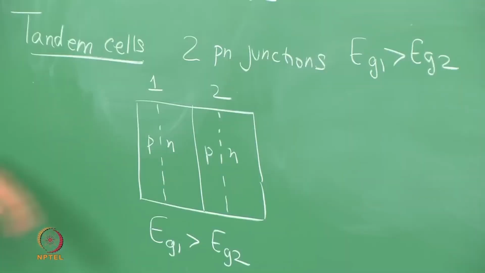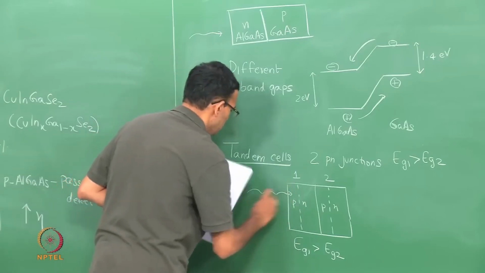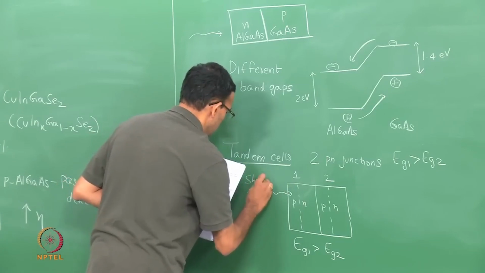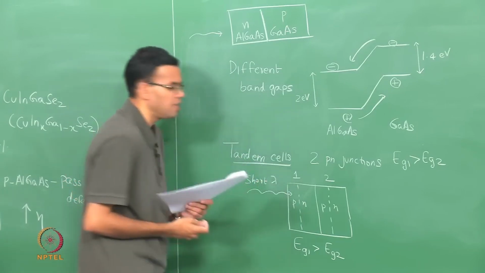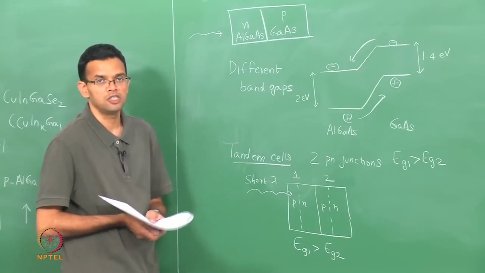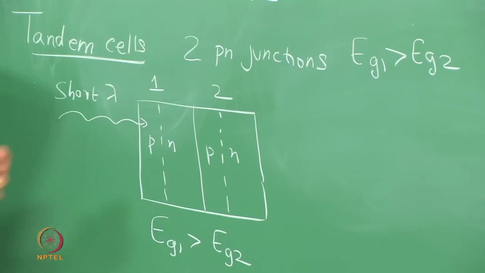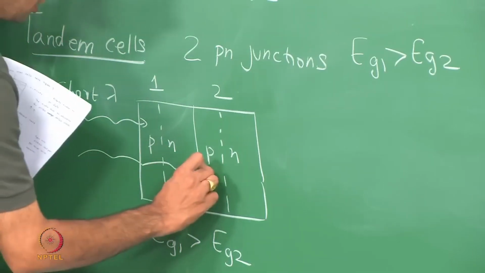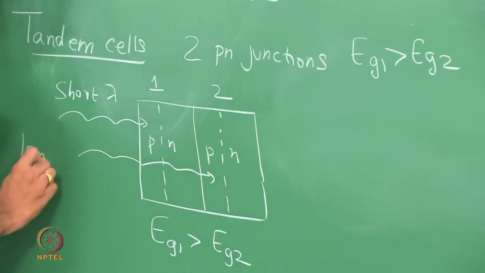The advantage of having this type of arrangement is that the shorter wavelengths will get absorbed by the first material because it has a lower absorption distance or a lower penetration distance, while the longer wavelength will get absorbed by material 2.